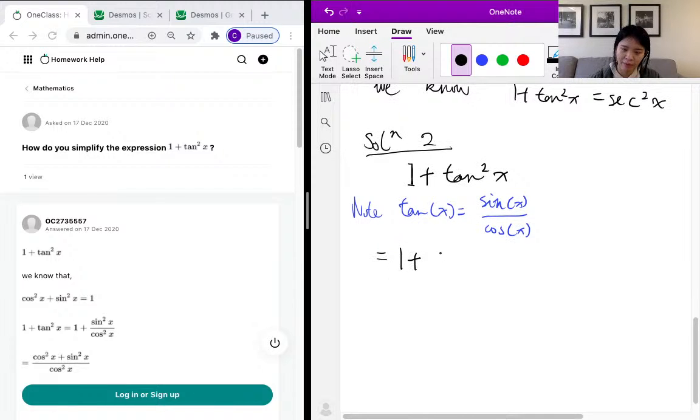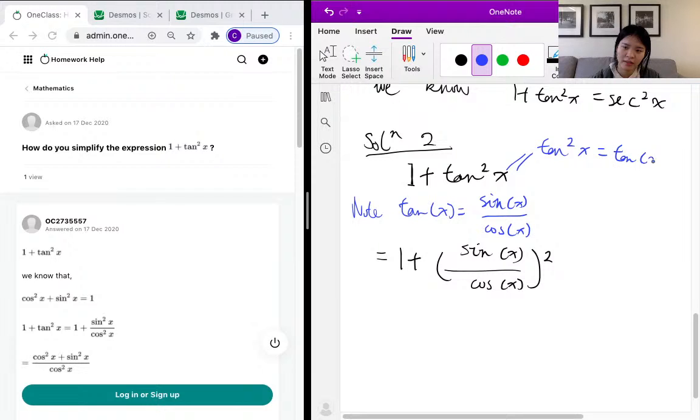So we have 1 plus tan squared x is the same as 1 plus (sine x over cos x) squared. And for the record, tan squared x just means tan of x squared.